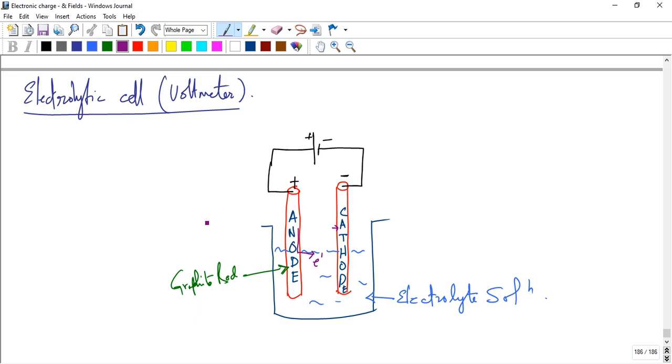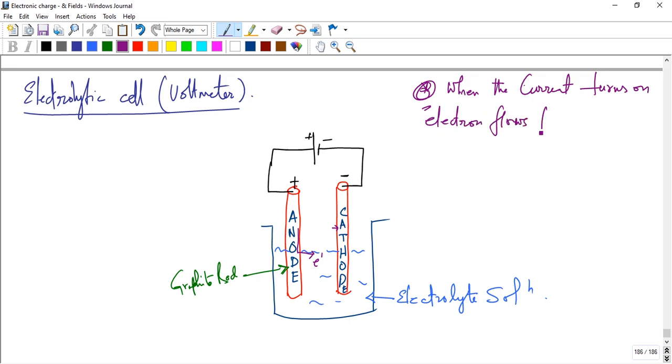Now there are some notes, if you're interested in writing them. When the current turns on, what happens? The electrons flow from anode to cathode, and the cathode becomes the negative electrode.